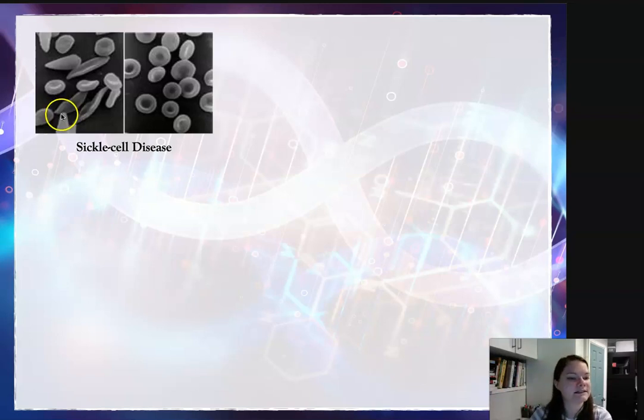So a sickled cell is one that kind of curves over like this. And as you can imagine, these sickled blood cells don't really travel through the blood vessels very well. So sickle cell disease is a prime example of a mutation that probably isn't so great to have.